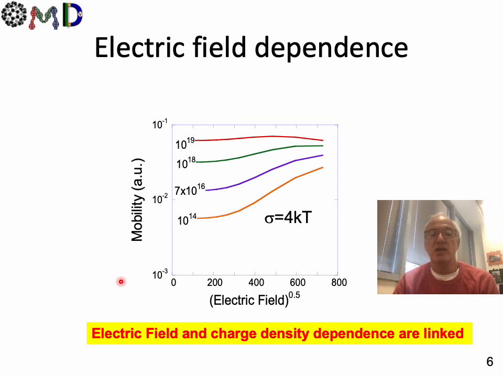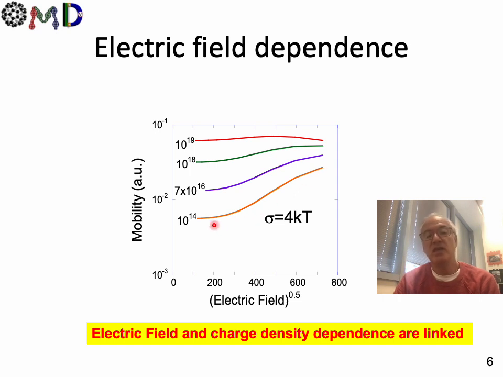If we want to look at the electric field dependence, then we see here again we are changing the electric field, and you see there on the log scale there is this straight line where the mobility is increasing exponentially as a function of the internal electric field.